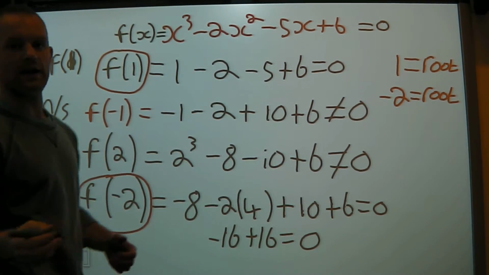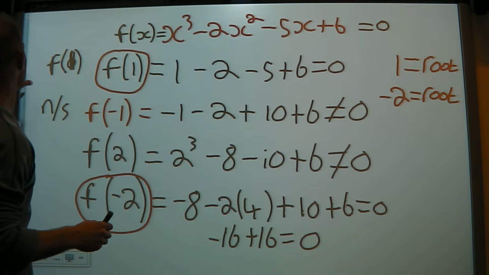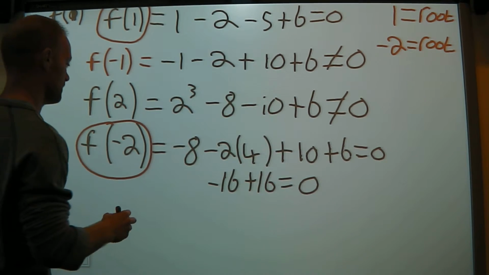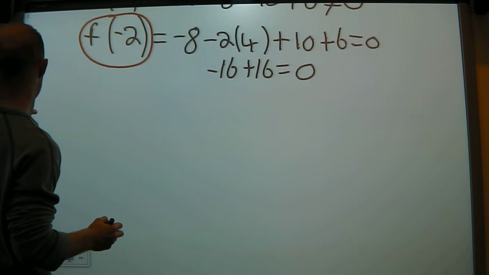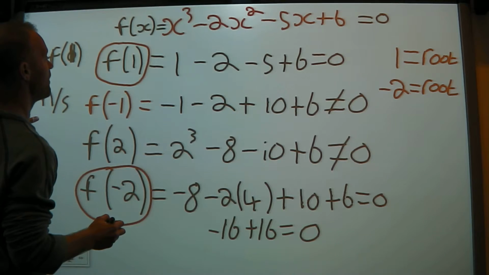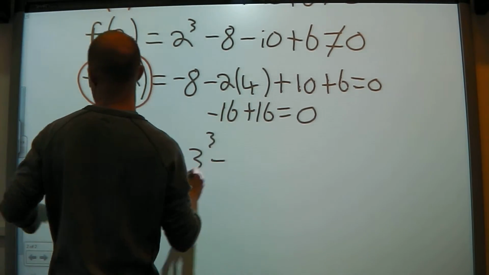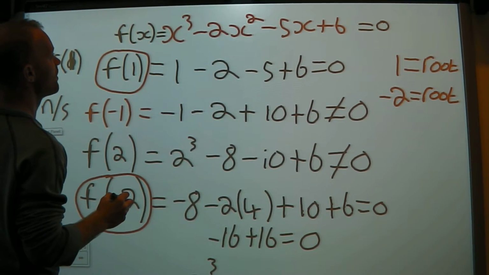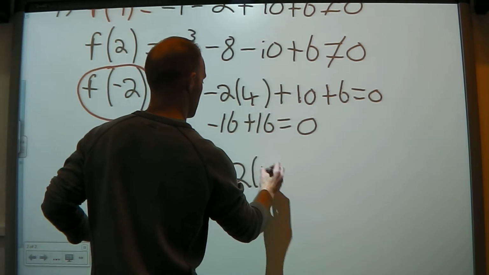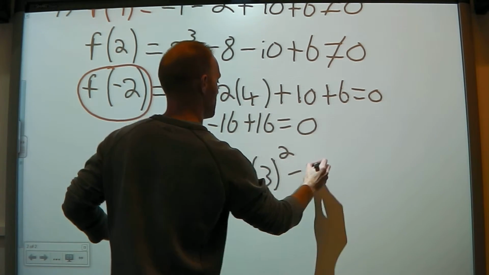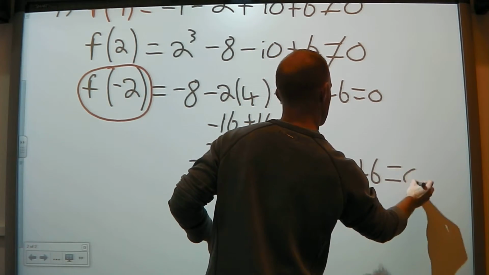Now, we're going to try 3. 3 is going to be our next attempt. X cubed, 3 cubed, minus 2x squared, minus 5x, plus 6 again, is equal to 0.